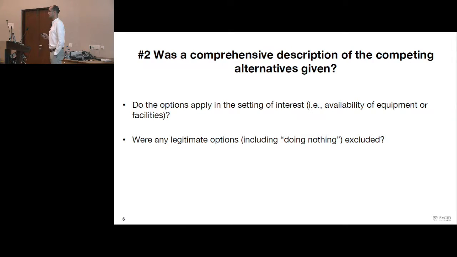The second one was a comprehensive description of the competing alternatives given. Keep in mind that doing nothing is almost always an option. If it's not included, there should be a justification why not.